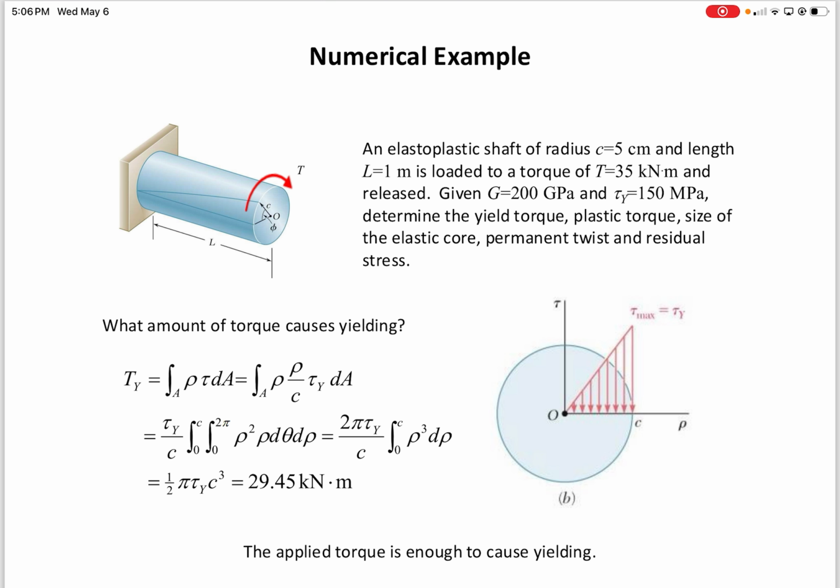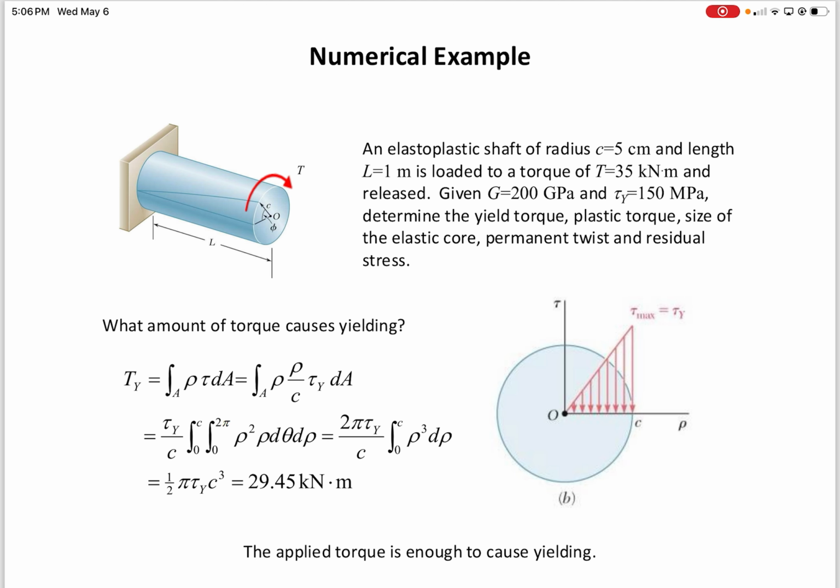So for this numerical example, we're dealing with an elastoplastic shaft of radius 5 centimeters and a total length of around 1 meter. The applied torque at the end is specified to be 35 kilonewton meters and eventually gets released. We're given some material properties, including the shear modulus being 200 gigapascals and a maximum shear yield stress of 150 megapascals.